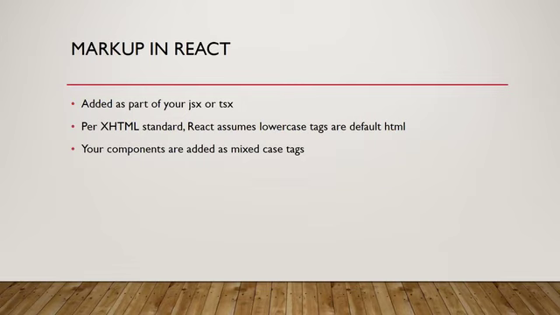Now, one thing to keep in mind, the markup that we're putting in there is and has to be XHTML compliant. That means you can't have any self-closing tags without the slash. So if you had an image tag, it has to be closed. So you have to have image with the slash in it. Otherwise, it won't be able to parse it.